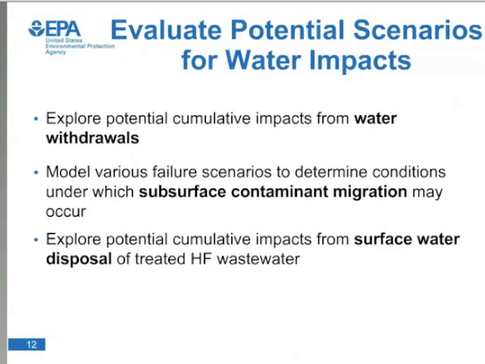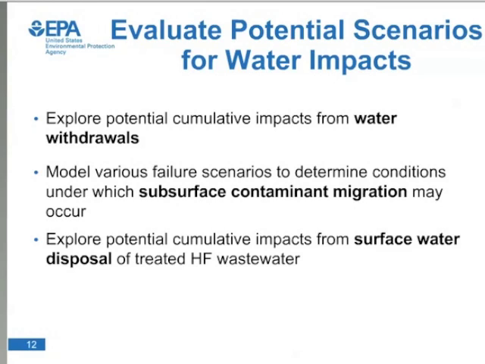And moving on from retrospective case studies, we're also evaluating potential scenarios for water impacts. So this is the modeling exercise that I mentioned. We want to explore the potential cumulative impact from water withdrawals. So what is the potential impact of taking a very large amount of water out of a certain resource, and what is the impact in that area?